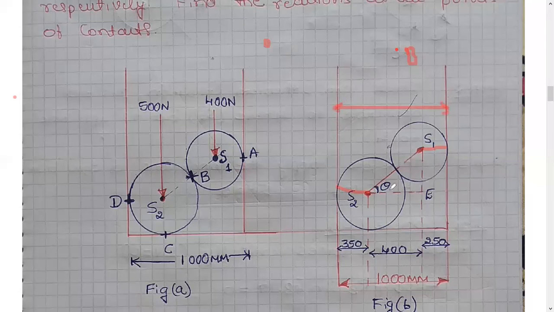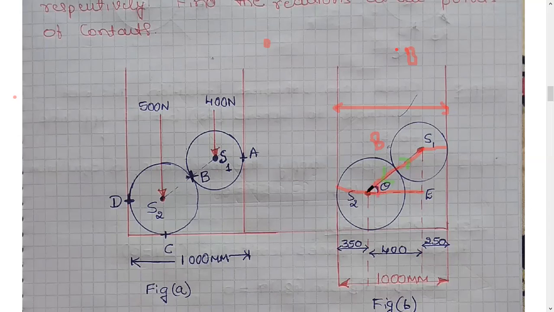I want to know the angle made by the reaction force acting at B from the second sphere to the first sphere, and also the reaction developed from sphere 1 to sphere 2. So to know the reaction forces at S1 and S2, I want to know the direction of the force. To calculate that, I want to know this theta.